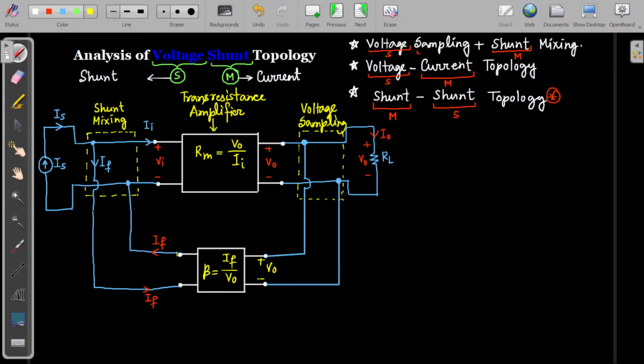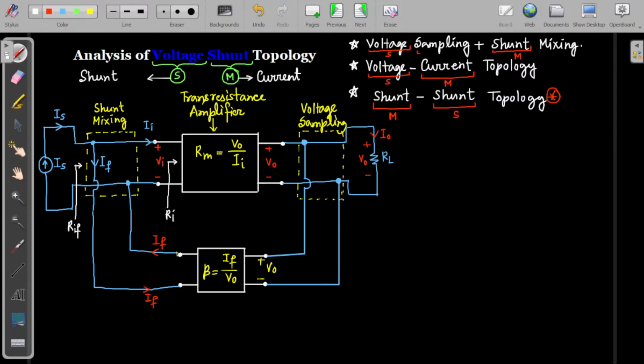Now in a similar way we can denote some important points. Another important point is that if we want to find the input impedance at this point, it will be the input impedance Ri, and if we find the input impedance at this point, it will be the input impedance of the total overall feedback amplifier.